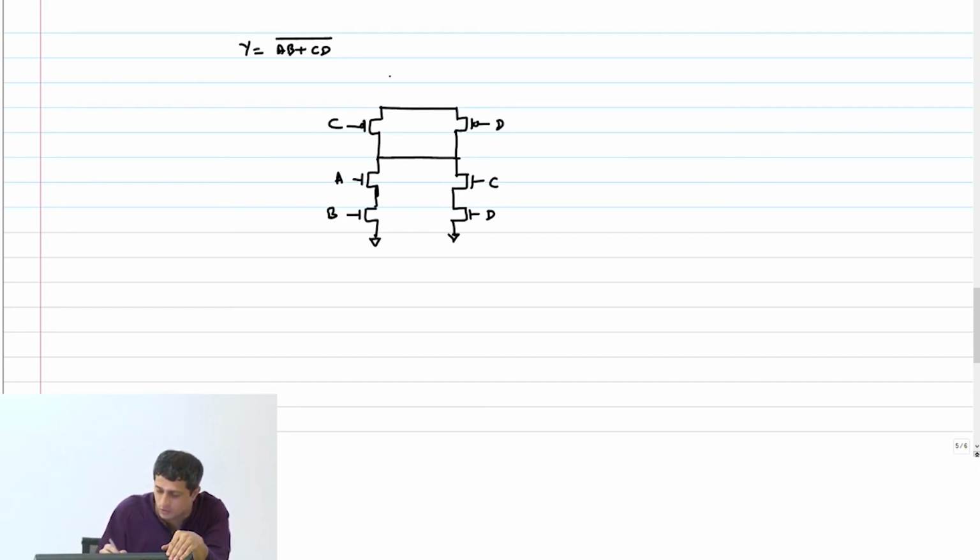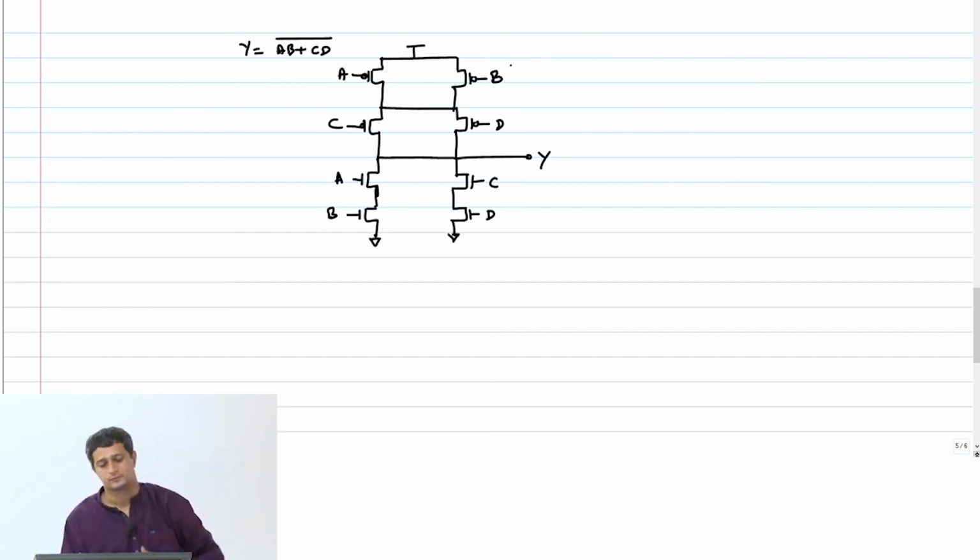I am shorting these two. A and B. This function is AB plus CD whole bar.